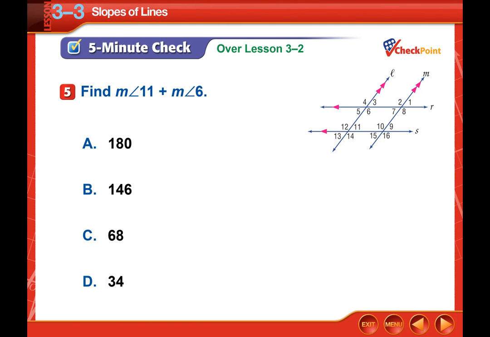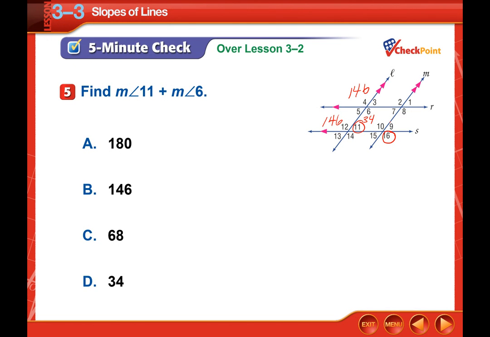Find the measure of angle 11 and angle 16. Okay, so if we start here at the 146, we know that 12 was 146 and this was 34. 12 is the same measure as 10.